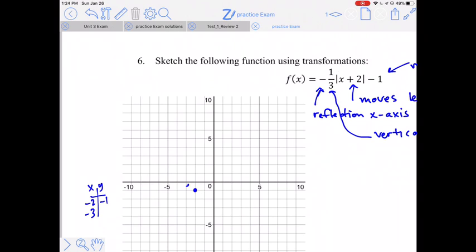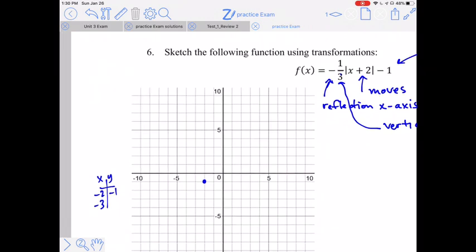The absolute value of -1 is 1. And then 1 times -1/3 is -1/3. Okay, -1/3 subtract 1 would be -4/3, or -1 1/3. So -3, comma -1 1/3, right there.